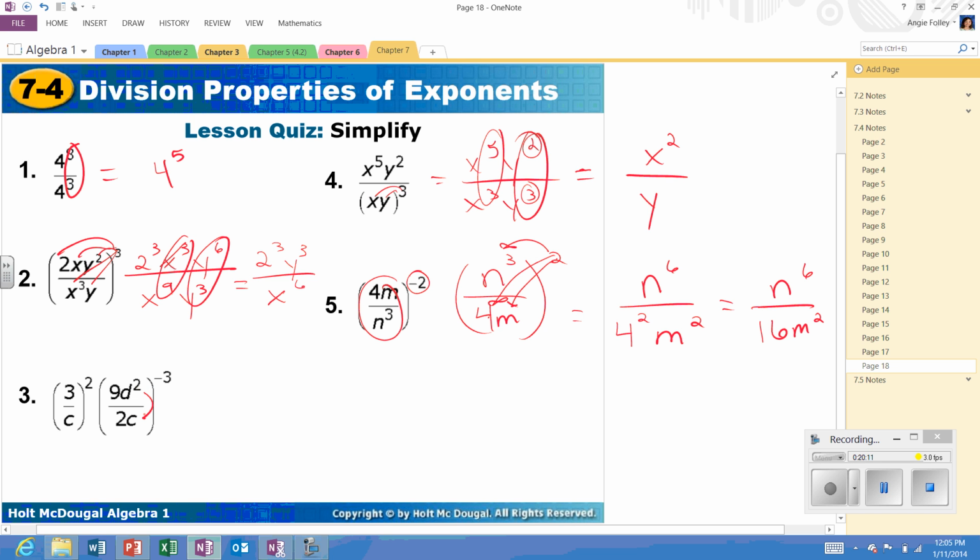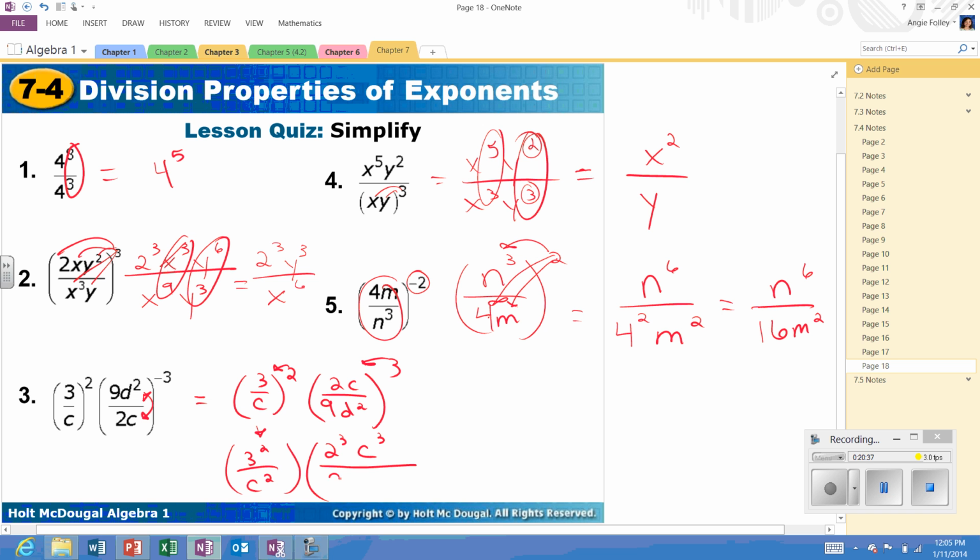Okay, first and foremost, I'm going to flip this. So I have 3 over c squared times 2c over 9d squared to the third. Then I'm going to distribute the power to everything inside. So 3 squared over c squared times 2 to the third times c to the third over 9 to the third times d squared.